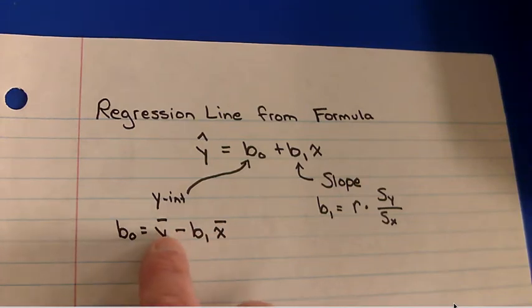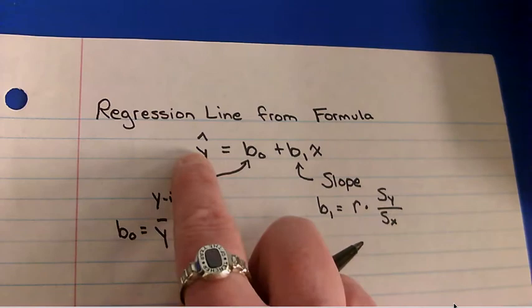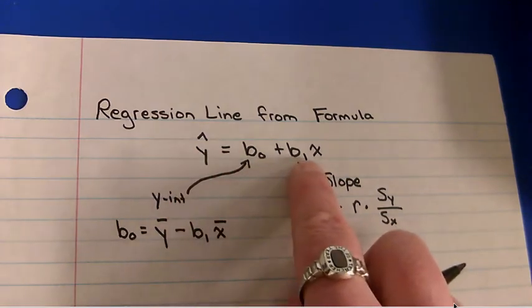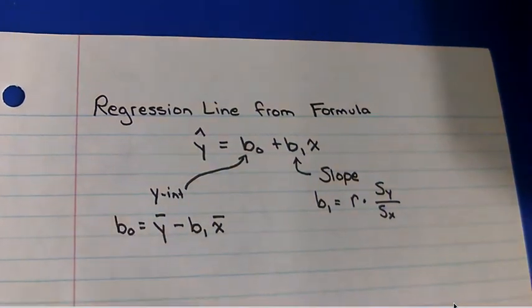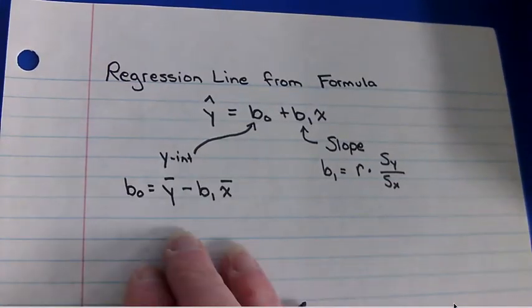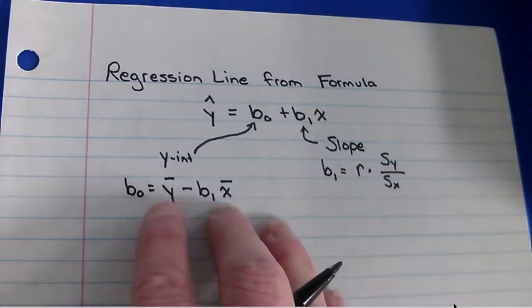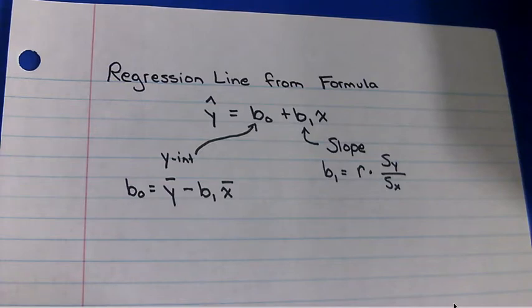So you take the average of the y's minus the slope times the average of the x's. So that would be, if I took y minus the slope times the x, would give me my y-intercept. So they're just kind of rearranging the regression line formula by plugging in the average for the x's and the average for the y's to find the y-intercept.